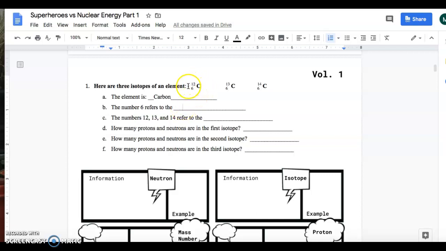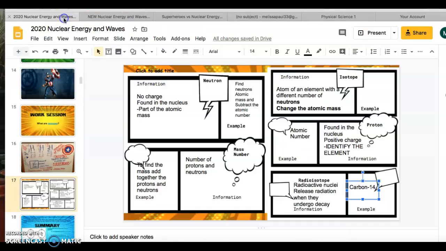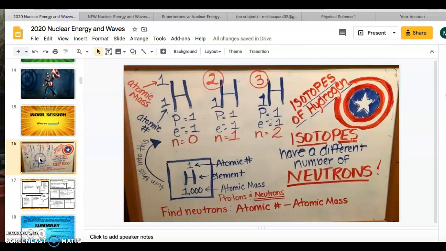Now I want to know what this bottom number refers to. Now if you can't remember, you can always go back to the image that I'm going to upload on the computer here that I drew, okay? And you can see we took what you see on the periodic table, and we changed it into this. So the atomic number is at the bottom.